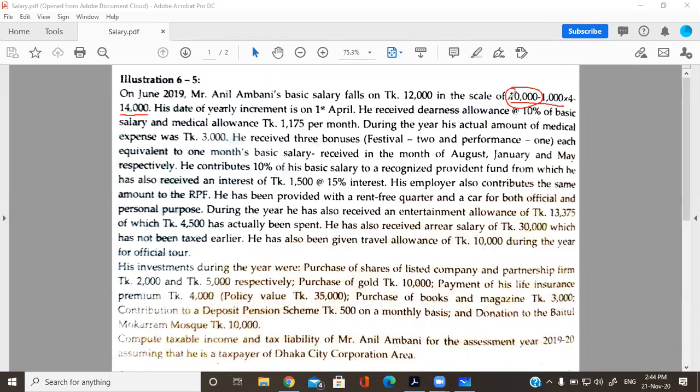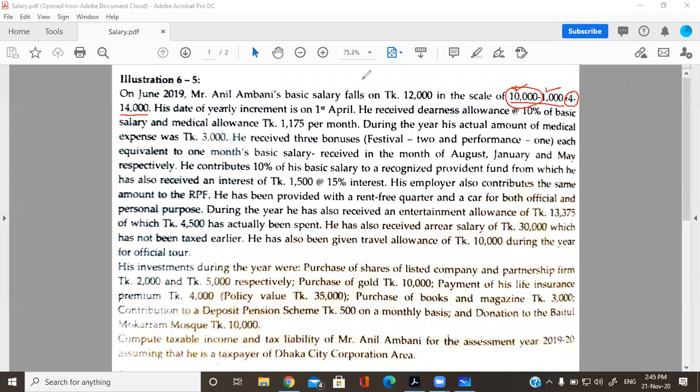Increment can occur a specific number of times, so it has been said that there will be 4 increments in this 10,000 scale. Next question is how much one increment is worth. One increment is worth 1,000.